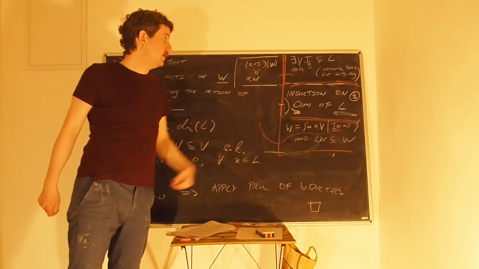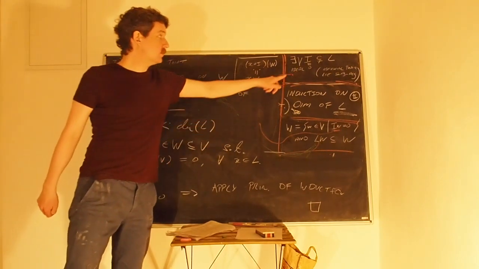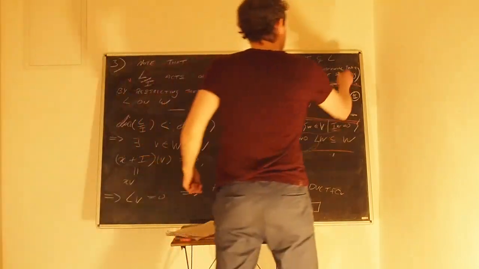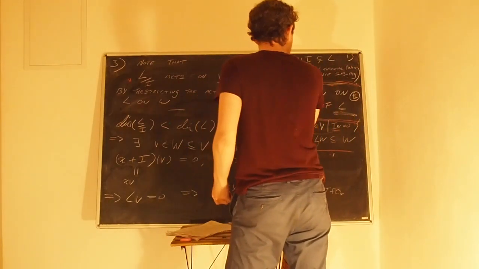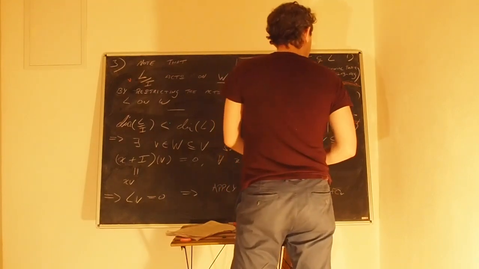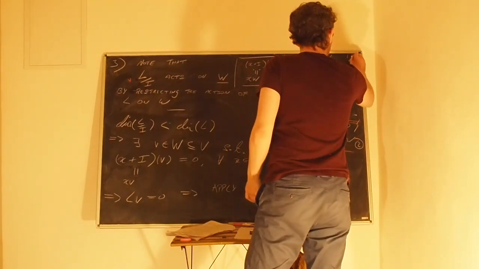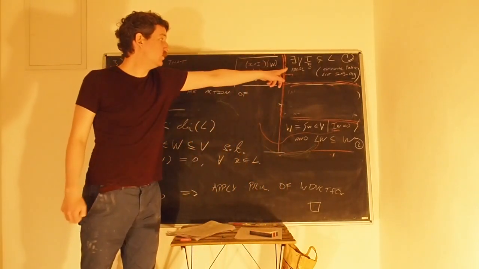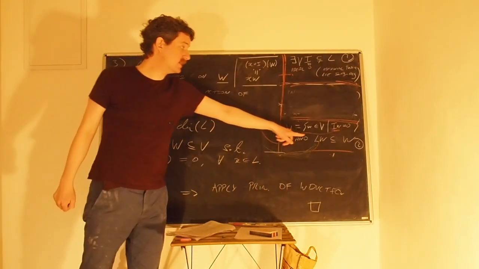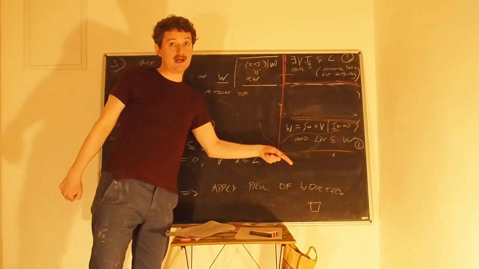Then, the next step was to construct, so I guess we could call this 1, and we can get rid of that now. This was 2. We then used this to construct this representation upon which I acted trivially.